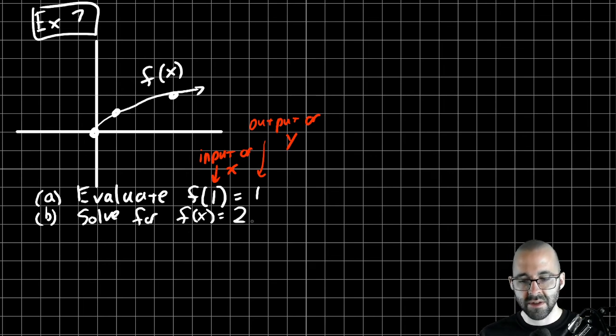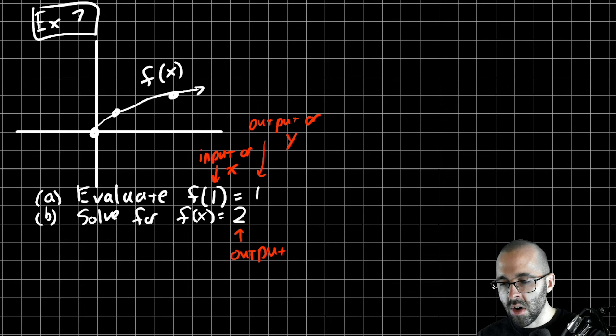So this is backwards. Notice the relationship between these two questions. In the first question, I gave you the input and we had to find the output. But now I'm giving you the output and we have to find the input. So again, it's the same logic. This is our output, or the y. So we're going to look at all of the values that have a y value of 2.